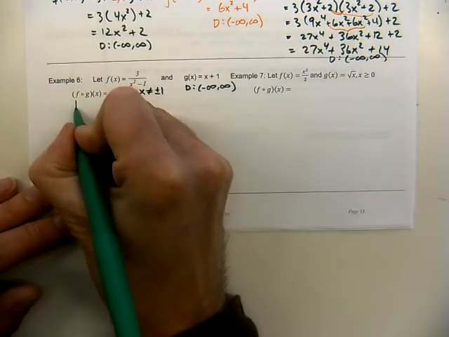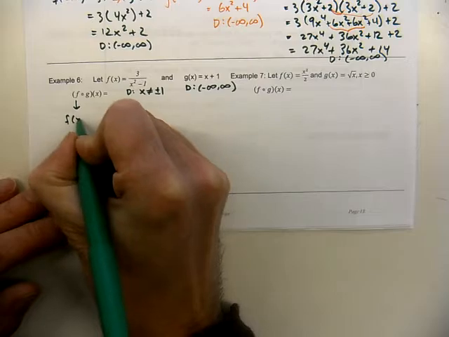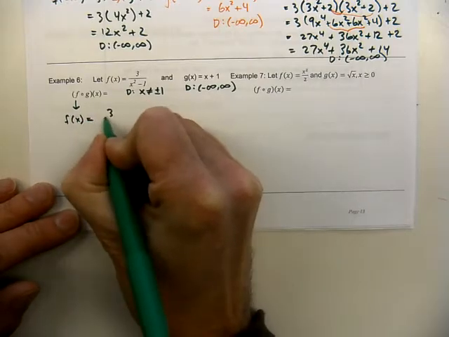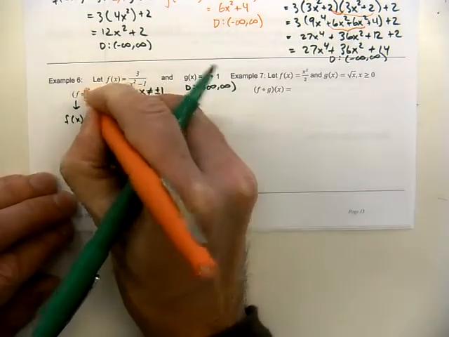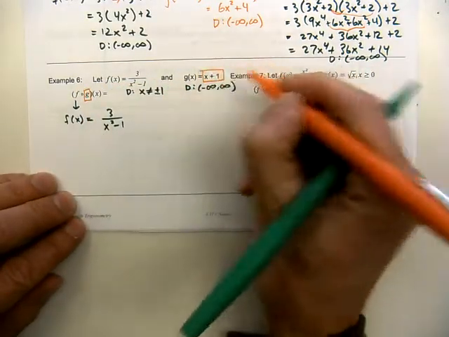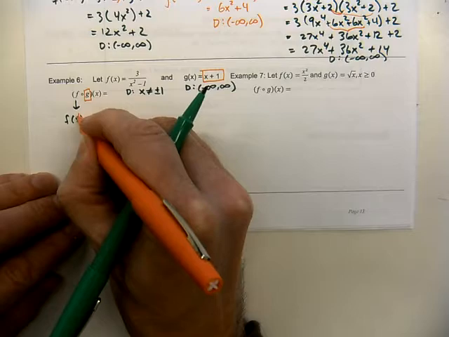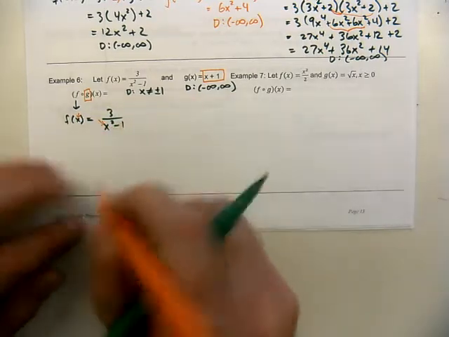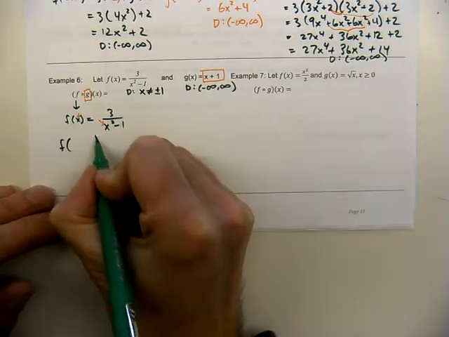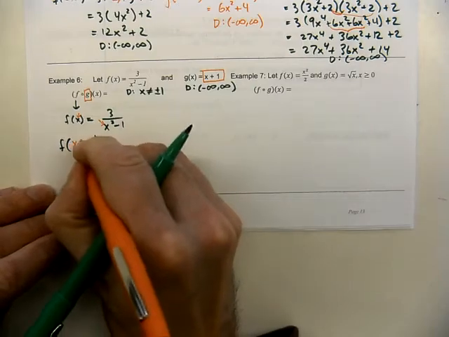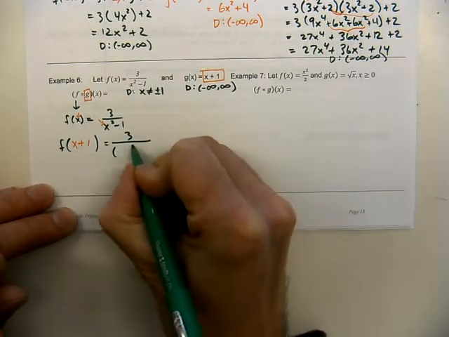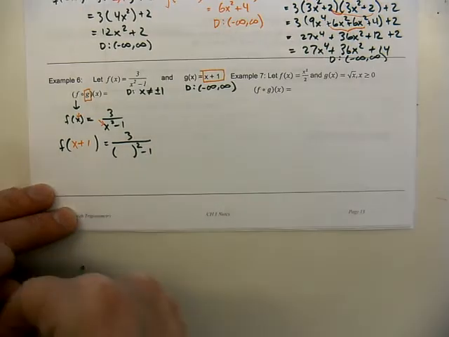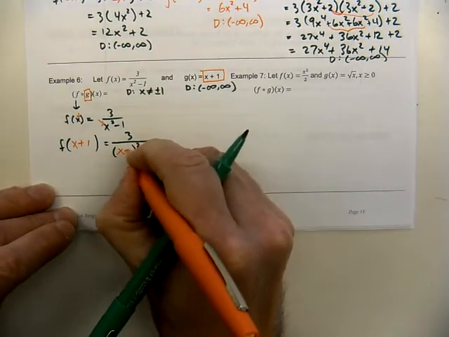So let's run the composition, starting off with the function called f. We're going to plug into that the function called g, which is this binomial of x plus 1. So that'll go here and here. So f evaluated with an x plus 1, plugging in that x plus 1 in the denominator.